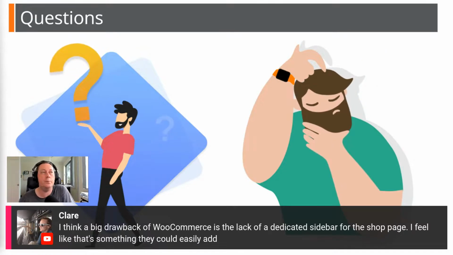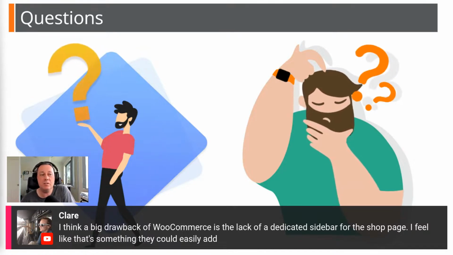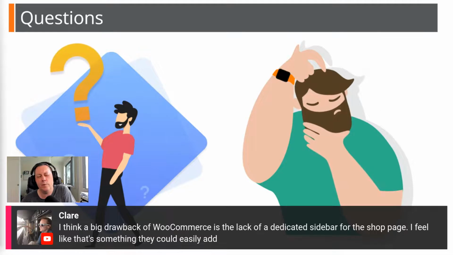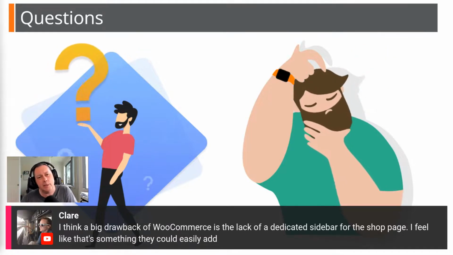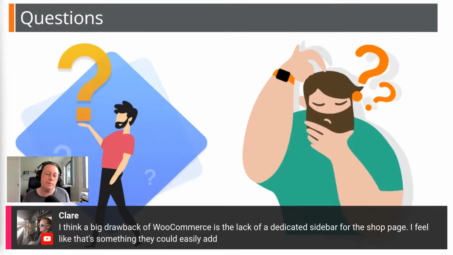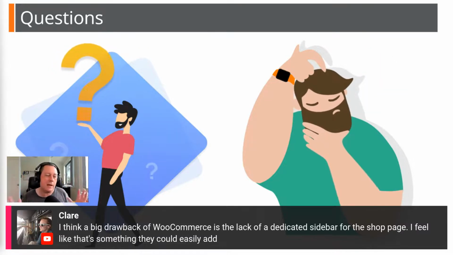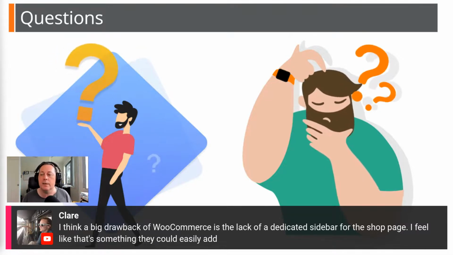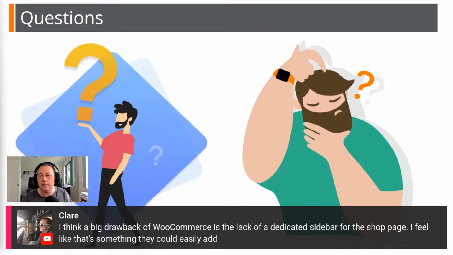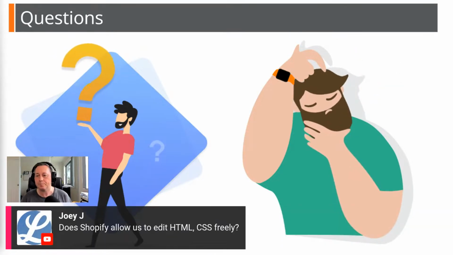And that's something that happens with my clients. I get emails every month that say, where do I go to update the blah on the blah page again? So yeah, having all your options all over the place, the lack of a consistent interface is definitely a big drawback. So I completely agree with you, Claire, on that.